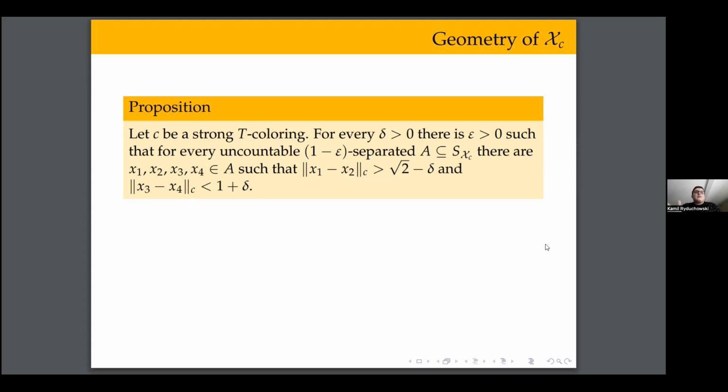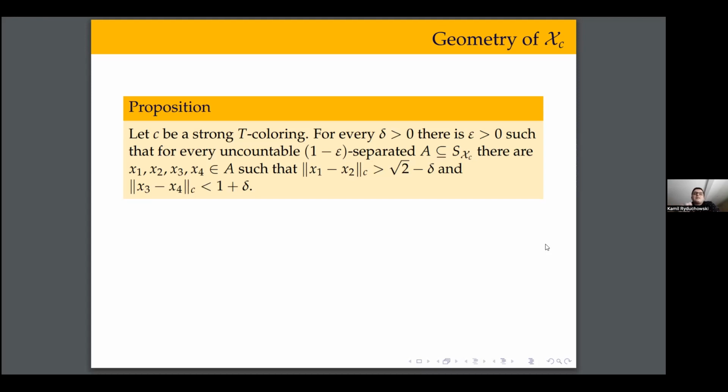Okay, but this idea with colorings has certain limitations. Namely, the obvious thing is that those results are only consistent, because all of them need a strong coloring.